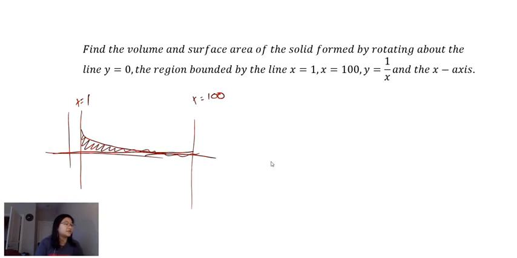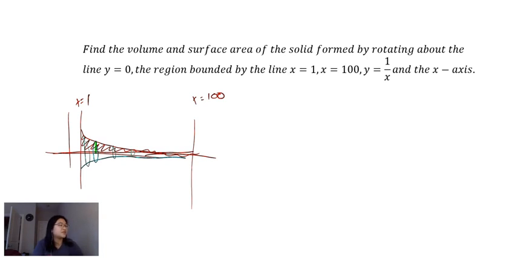That's our region that we're rotating. In our representative rectangle, that's what's getting rotated around. So we get something like this. And what's the surface area of this?